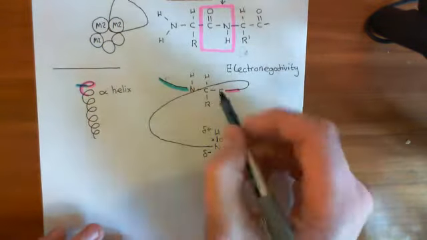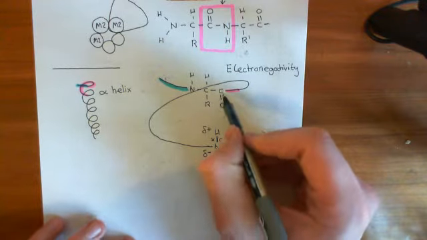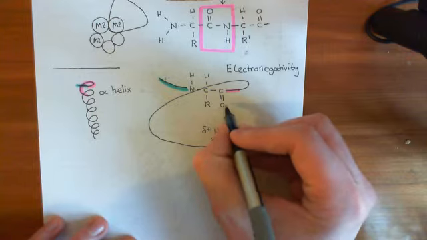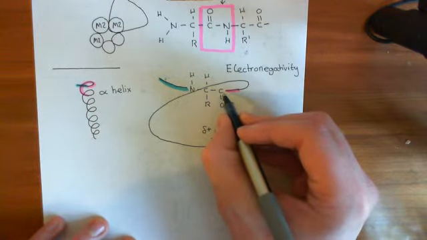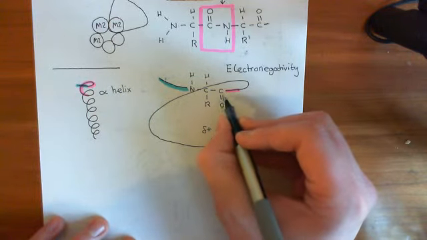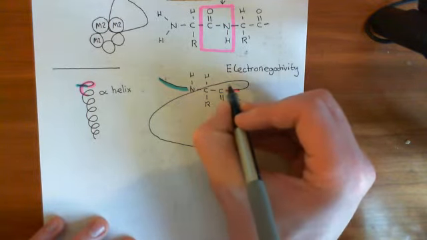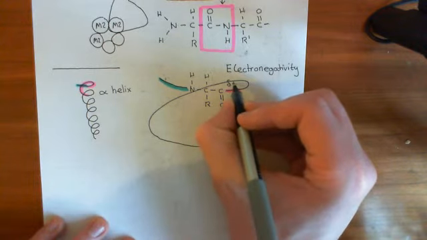The same thing is going to happen on these carbonyl groups over here. Oxygen has a greater electronegativity than carbon. So it will pull the electrons in this double bond towards itself and give itself a partial negative charge, and the carbon will get a partial positive charge.